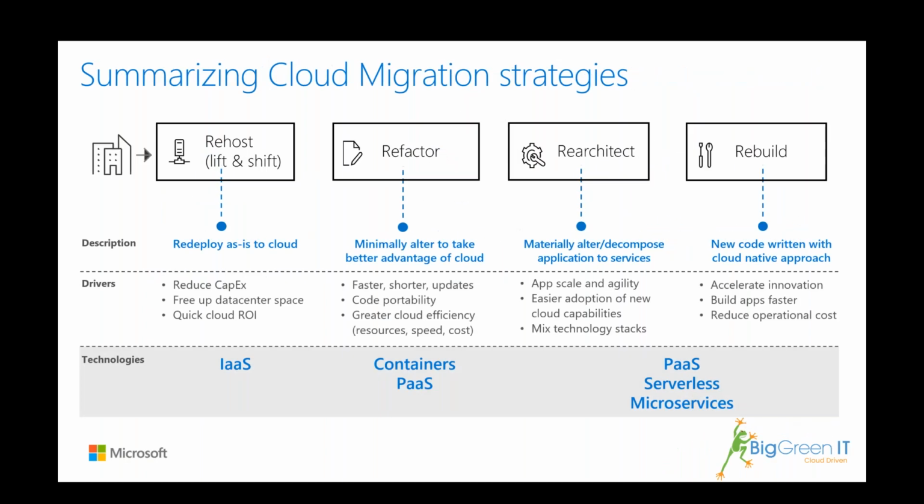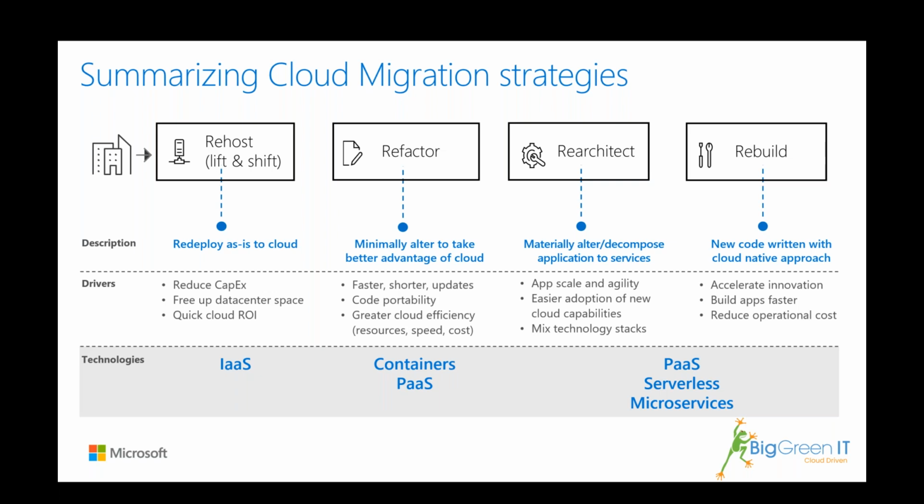A little more details on these modes. The rehost again, lift and shift. You'll hear this as the infrastructure as a service. And as Austin mentioned, reduces your capital expenditures, moves much more to an operating expense model. Next is that refactor. Just some minimal changes. This is where we might consider containers like Kubernetes or platform as a service, such as SQL Server running as a service.